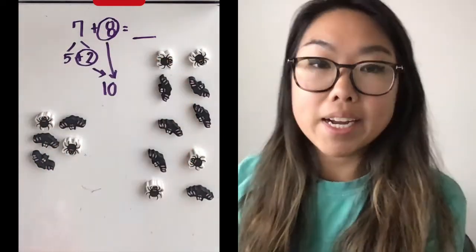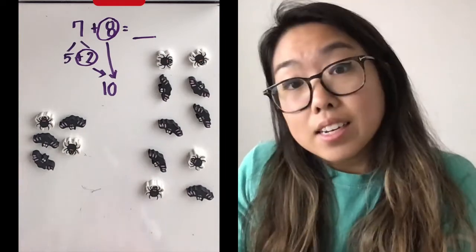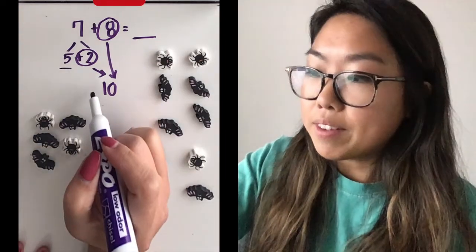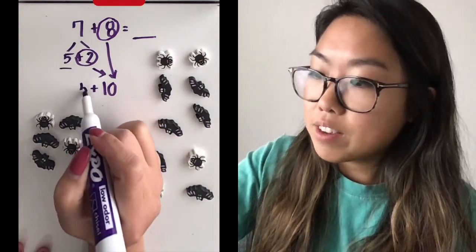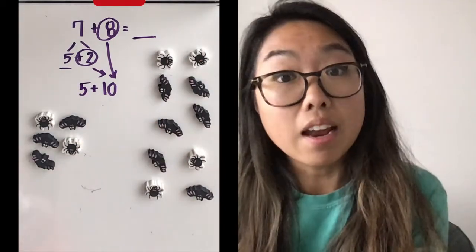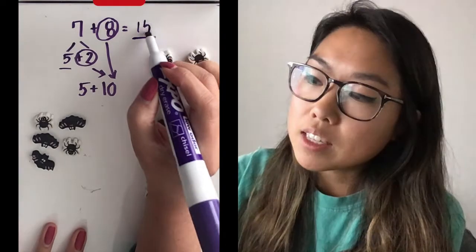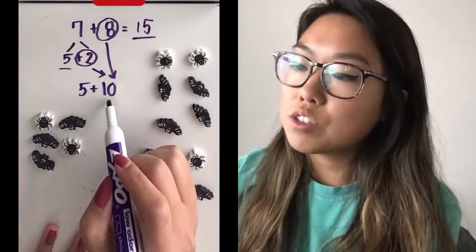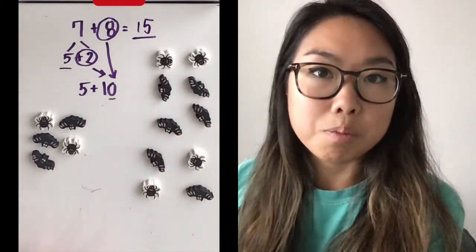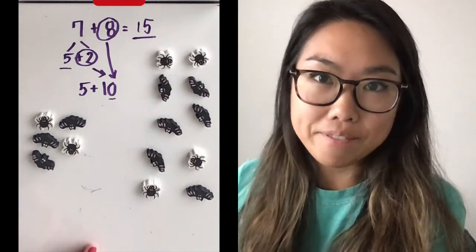Then I need to think, what do I have left? I have 5 left, so I have 10 plus 5. And I know 10 plus 5 equals 15. Because my 10s don't change, I have nothing to regroup. So 0 plus 5 in the ones place equals 5.